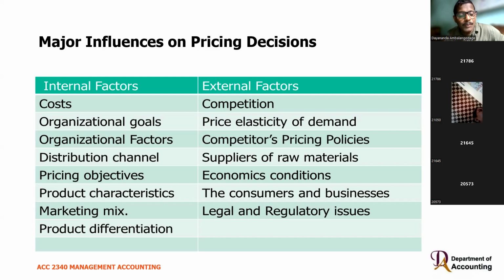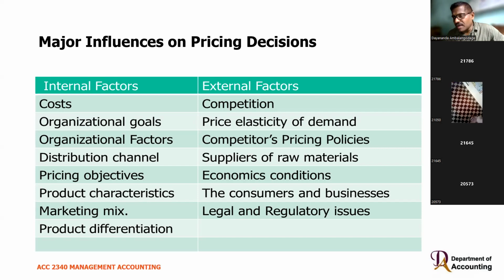When you say Apple computers, those are highly branded products. Marketing mix is also important. You know the meaning of marketing mix: four P's, price, place, promotion, product. So that also will have an impact. Then product differentiation, how you differentiate your product. That factor is important.